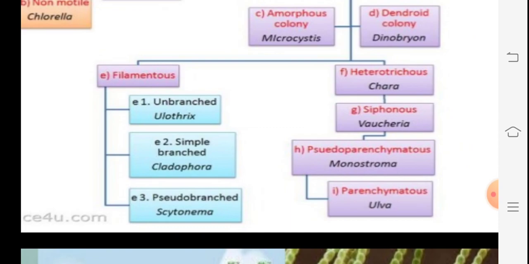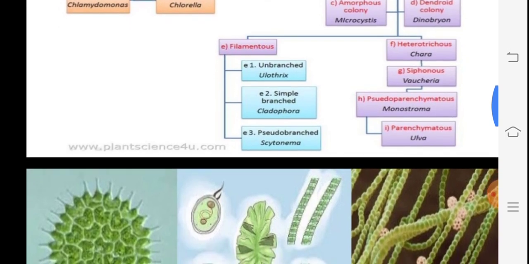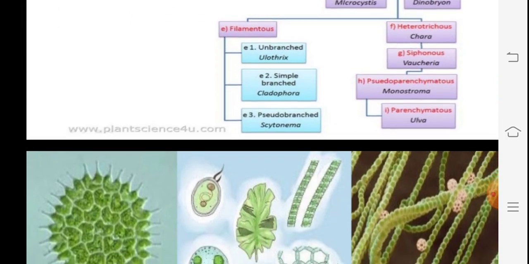Then heterotrichous Chara is the second family of Chlorophyta. Then Vaucheria is also shown, and Padina is from the Phaeophyta, the brown algae, a marine alga found in the ocean.